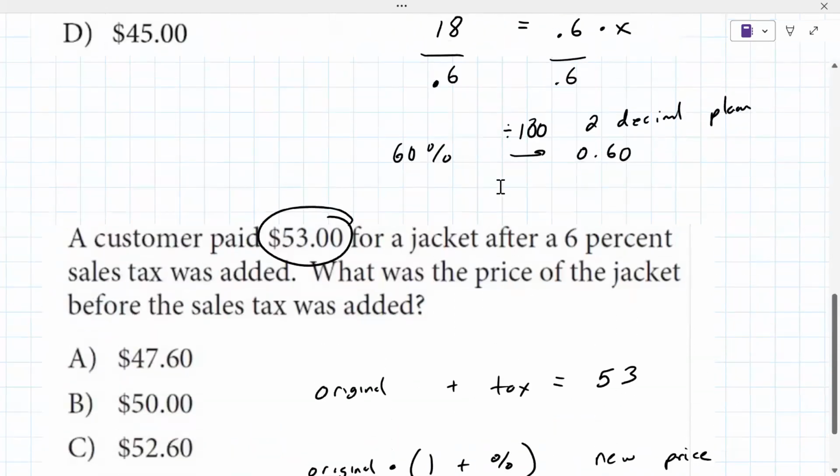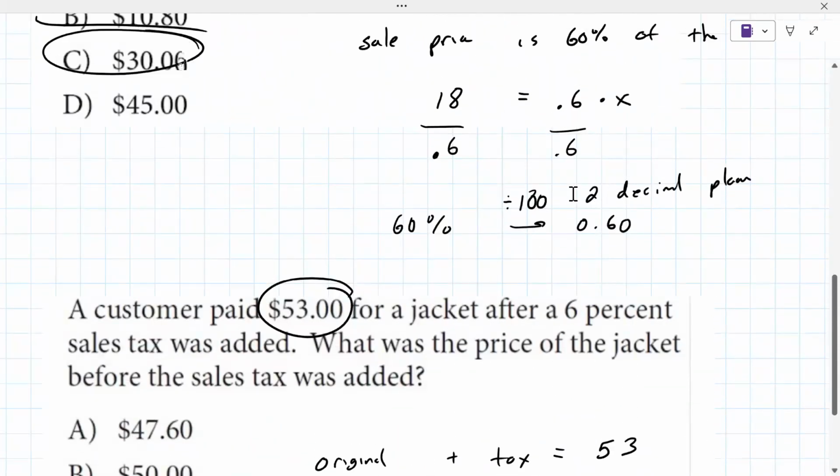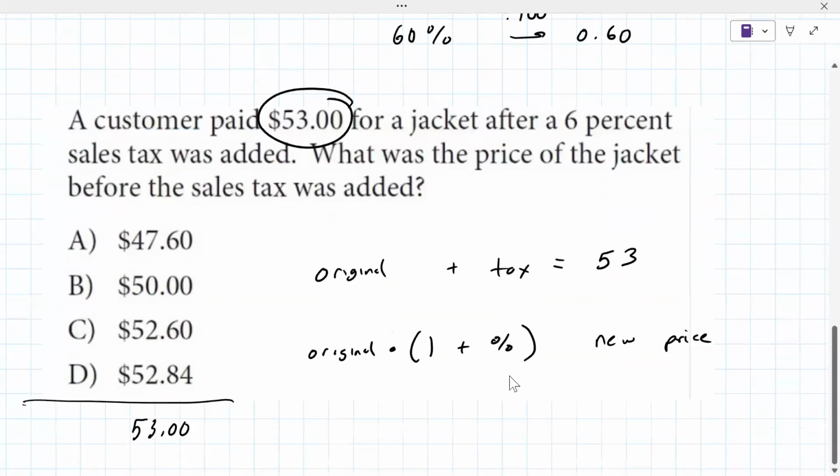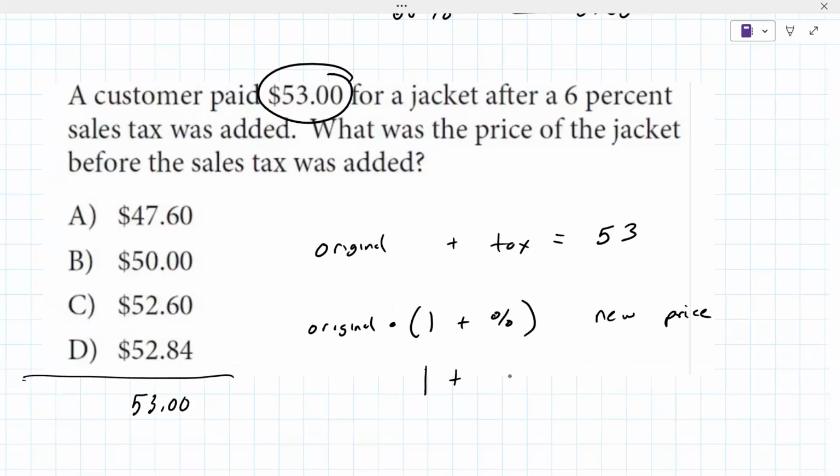Divide by 100, which means to move the decimal 2 places. Oh, right. Sorry. So it is not 0.6. 60, right? Okay, where is the decimal relative to this number?